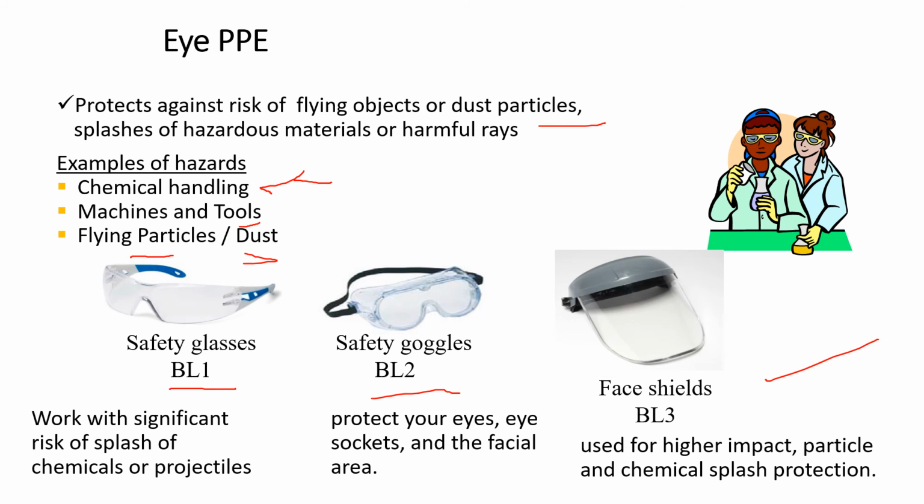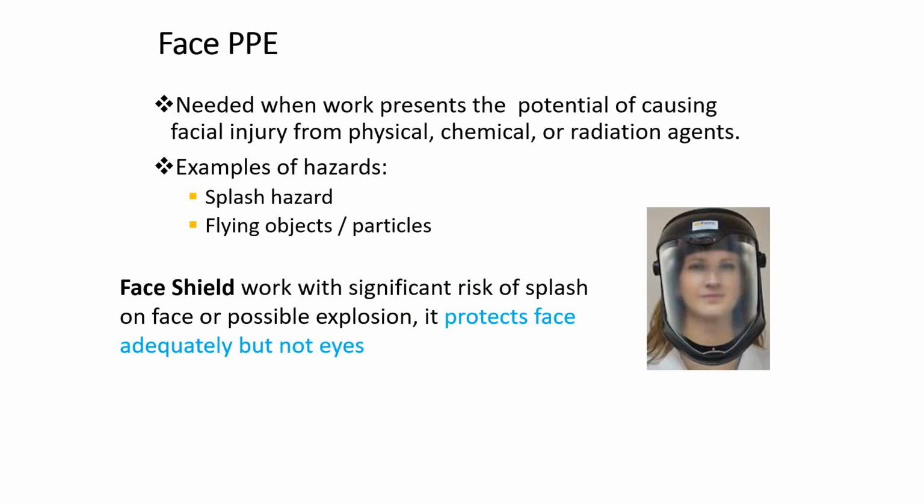But BL2 is more powerful because it not only protects your eyes but also the eye sockets and a little bit of the face, because it has an outer covering, complete coverage of your eye sockets. And BL3 is used for high impact, if there are more dangerous chemicals or chances it can splash on your face, so then you can use this face shield or BL3.